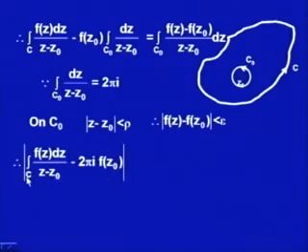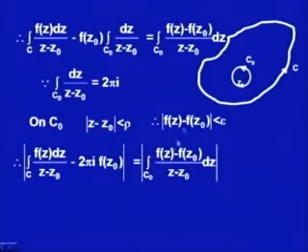I am writing this complete thing: the modulus of the integral along the contour C of f(z) upon z minus z naught dz minus 2 pi i f(z naught) is equal to the modulus of the integral of f(z) minus f(z naught) upon z minus z naught along the contour C naught.